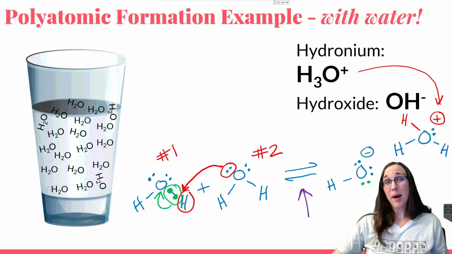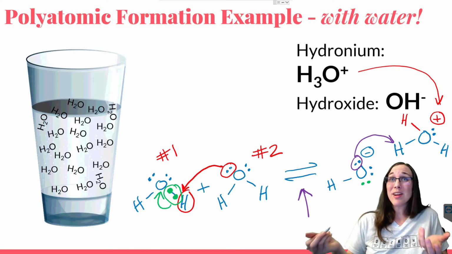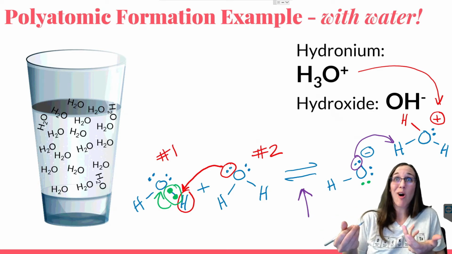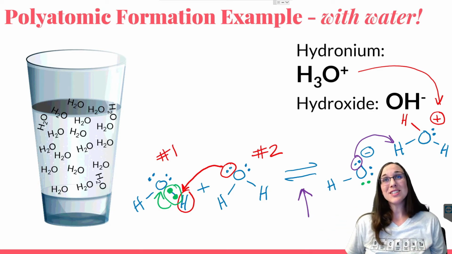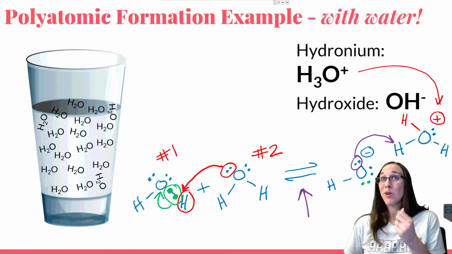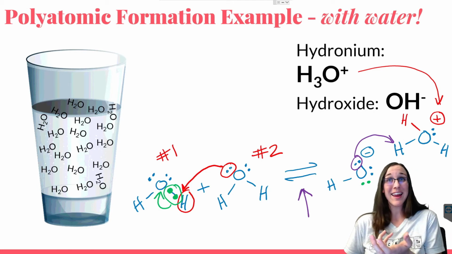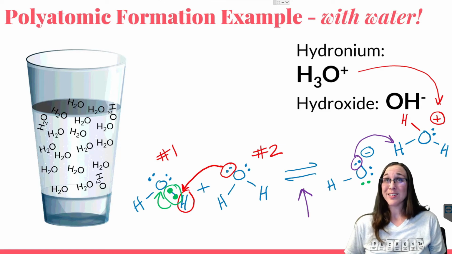So there's nothing stopping this pair of electrons from coming over and stealing this H off of hydronium. And then you'd end up with 2 water molecules again for the whole process to happen all over again. So this is just one way that you can create a polyatomic ion, where you have covalently bonded atoms with an overall charge, making it either a cation or an anion. And then we call it a polyatomic ion.